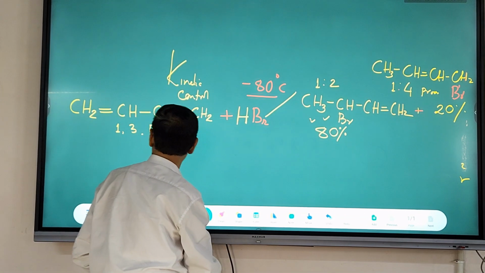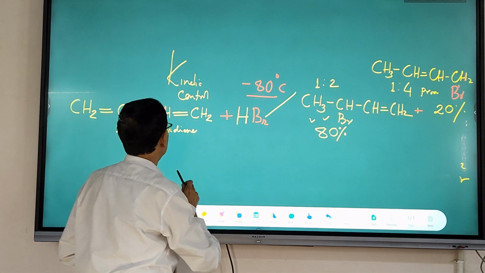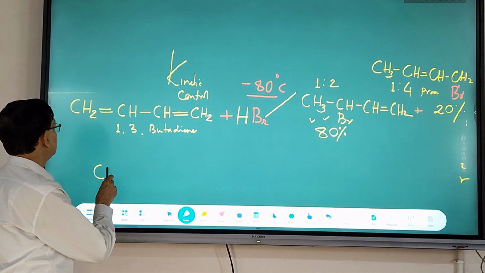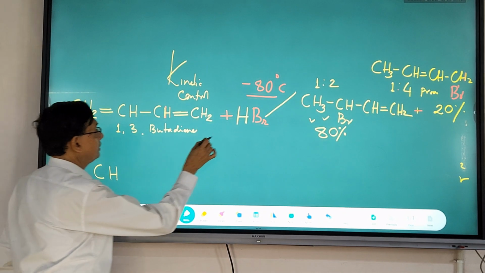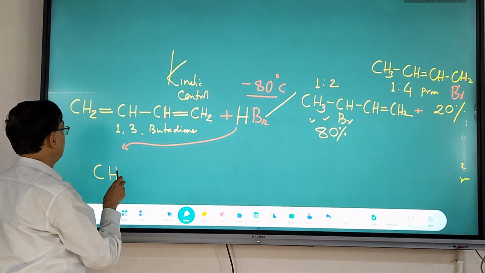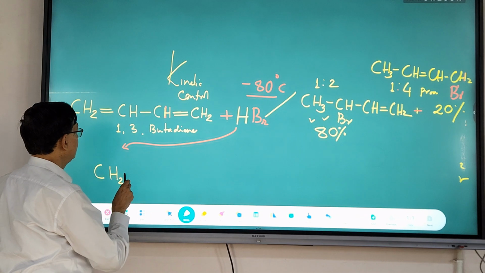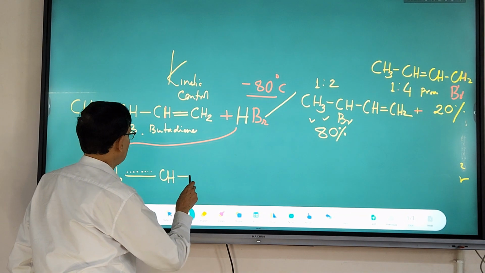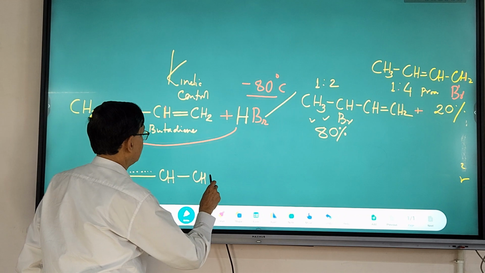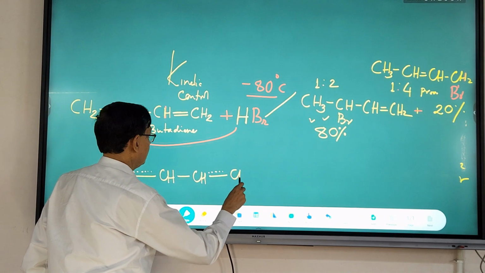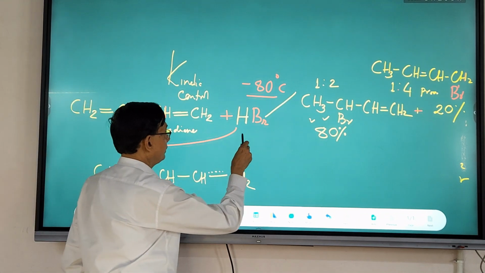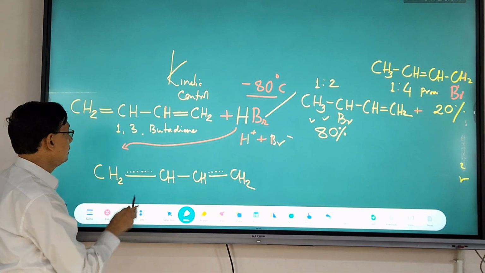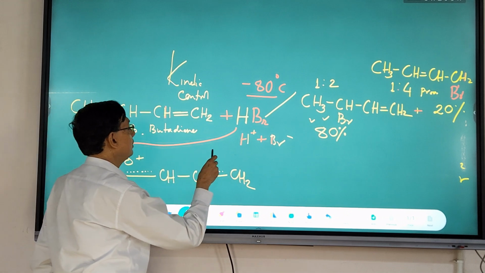What is that? You know that first we have taken the butadiene, so there is a delocalization. Because first it forms H plus and bromide negative, it will react with this, and there is a partial positive charge and a partial positive charge.